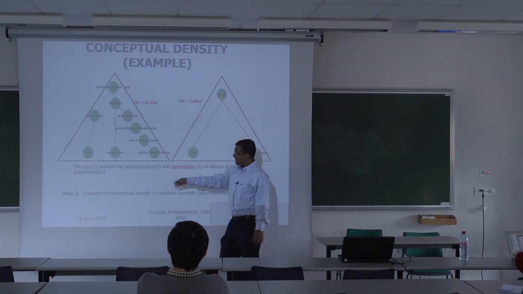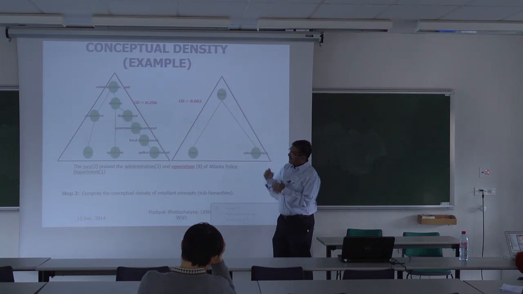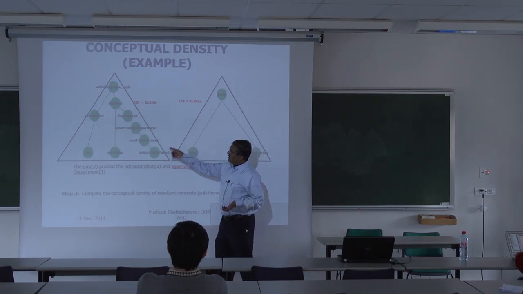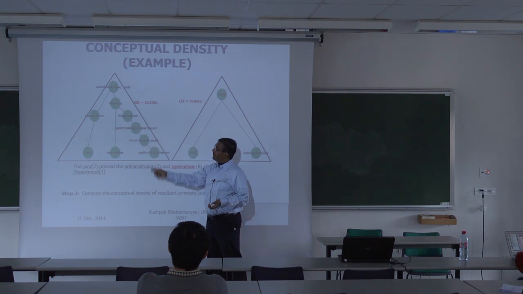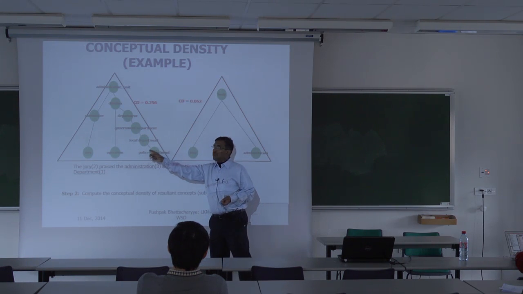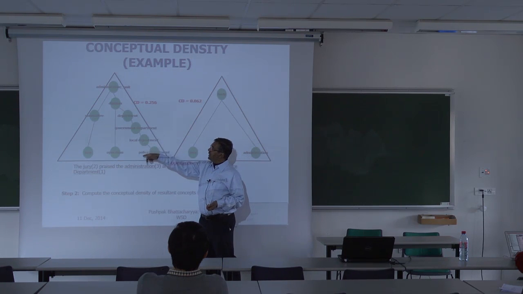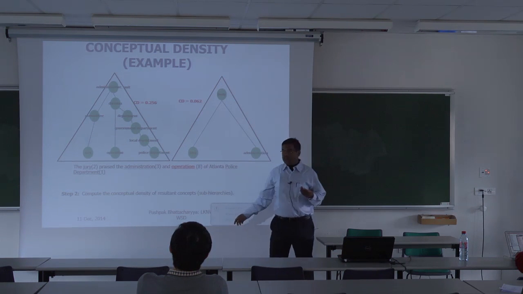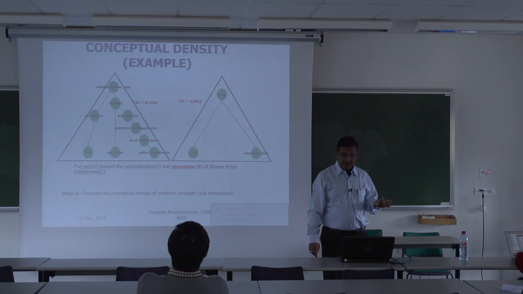Operation has 8 senses, administration has 3, jury has 2. So, when the algorithm finally terminates, we find that there is a tree of the Wordnet which is described with maximum number of senses in this part, okay, and this is not so dense, and therefore, this becomes the winner subtree from the Wordnet, and the correct senses appear in this subtree. This is called conceptual density based, and it is also actually an overlap based algorithm.